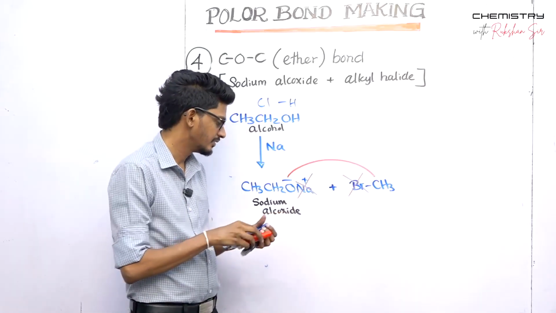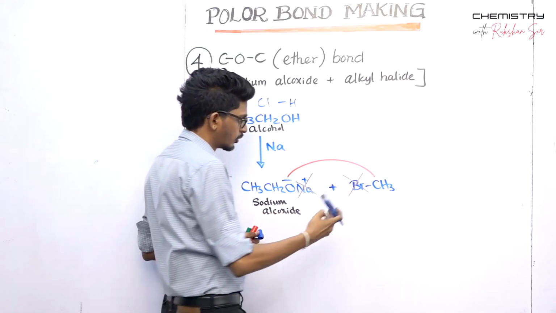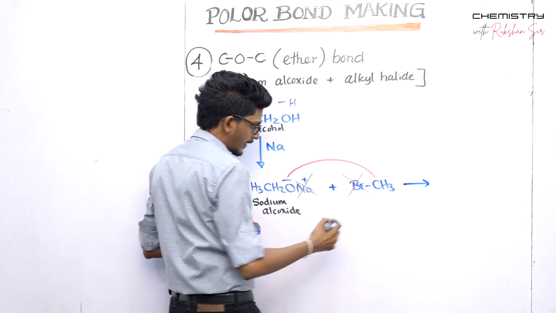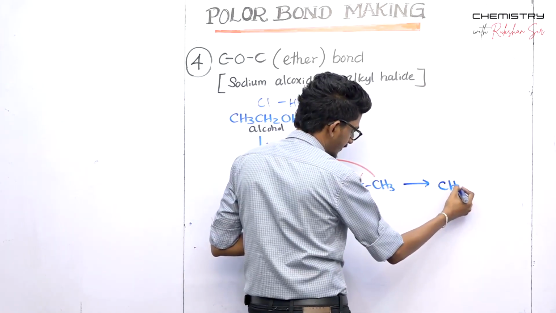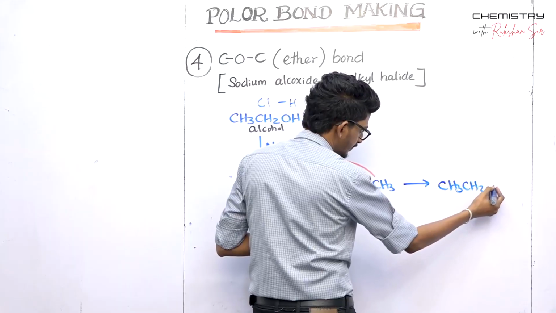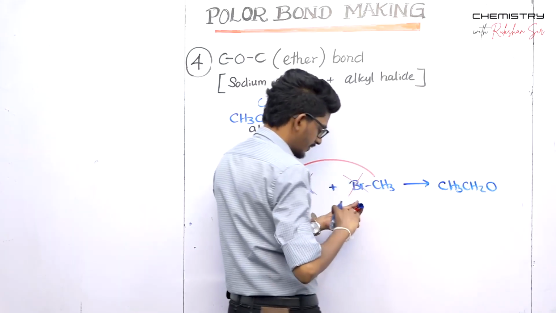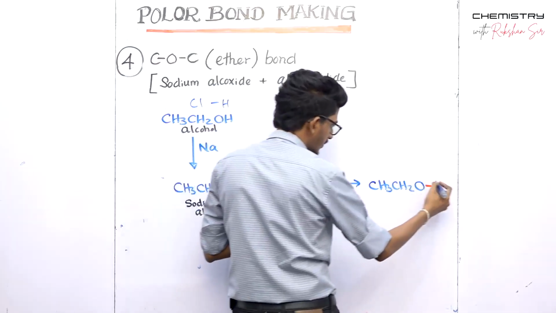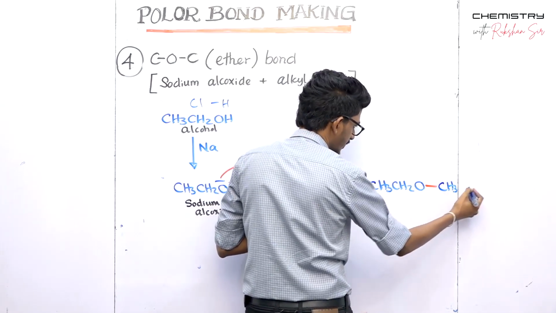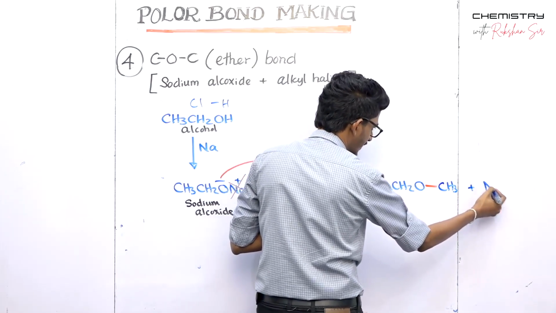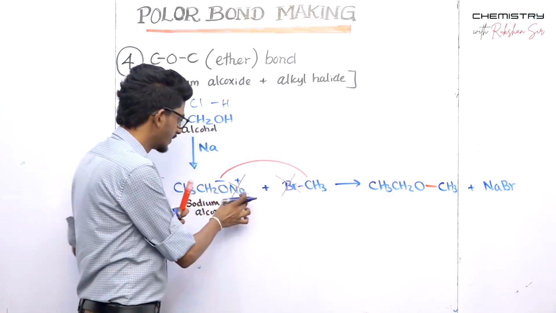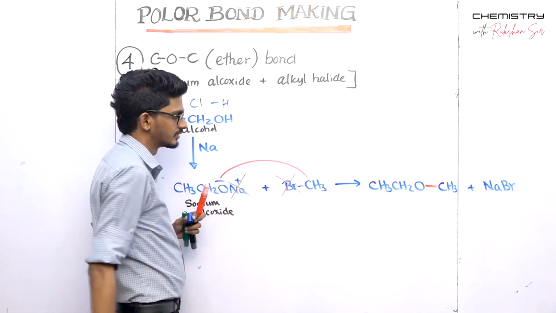These two will leave, so you will produce a carbon oxygen bond by this reaction. CH3 CH2 oxygen CH3. This is a new bond formed. You will leave the NaBr molecule. Sodium will leave from here, and the Br will leave from the alkyl halide.